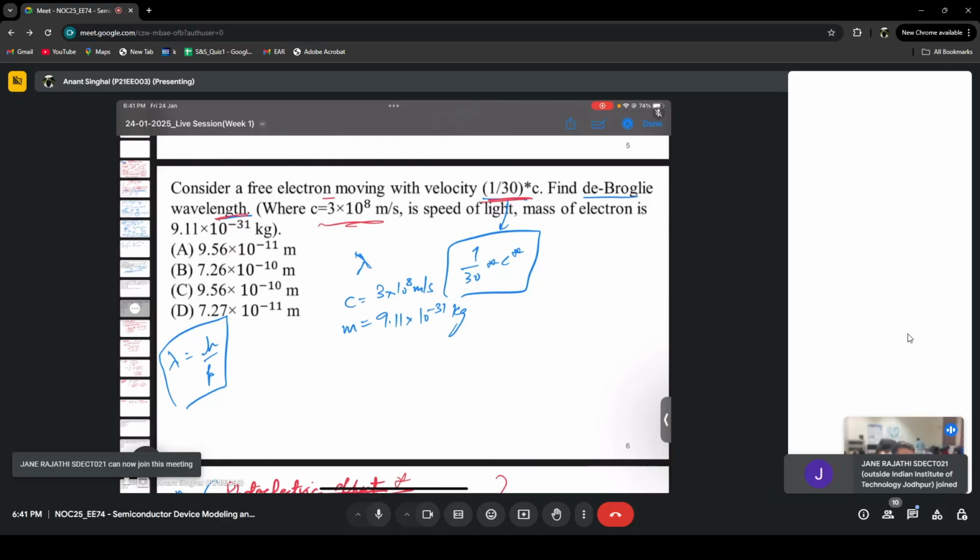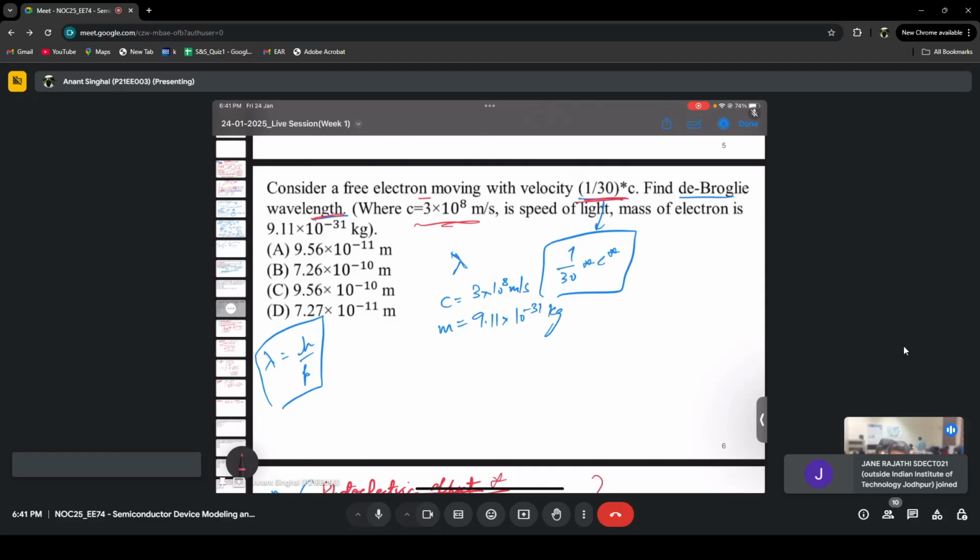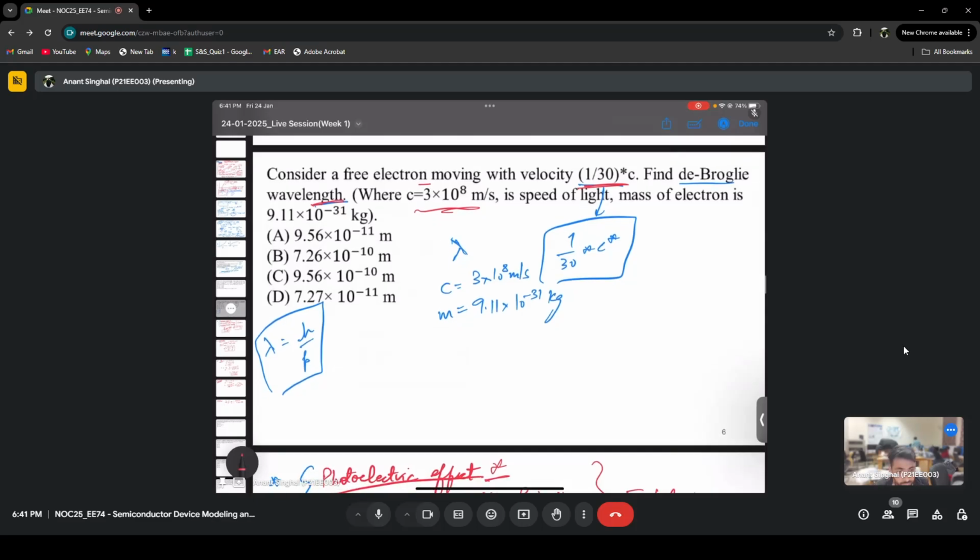Any answers? Did I get any comment? This is quite simple. Are you not able to understand or are you not able to solve it? Doing the calculation, okay, yeah.